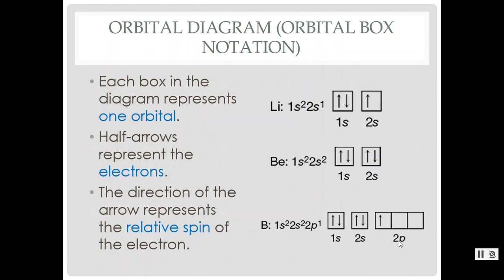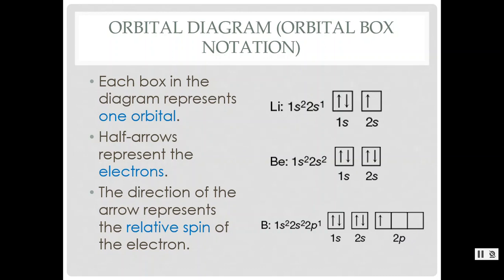Even if an orbital is not being used, if one of them is being used, you need to draw all of them. So in this case, I put 2p under the 3 2p orbitals. Each box represents an orbital that needs to be labeled.